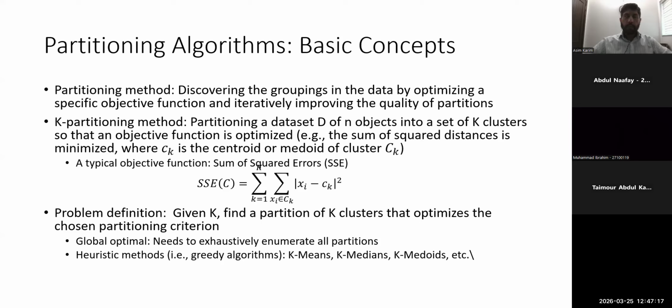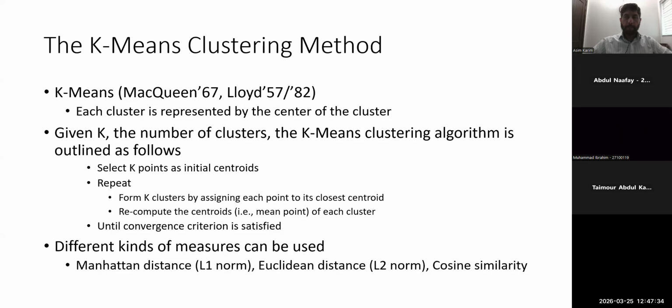So the problem definition here is that given a data set D, which consists of n objects, group those n objects into k clusters, where k is your input. And obviously, implicitly, it's trying to optimize an objective function. The algorithm itself is quite simple. Okay? This algorithm, by the way, is an old algorithm. It was proposed in 1967, sometimes even earlier, and it has been the center of data science since then.